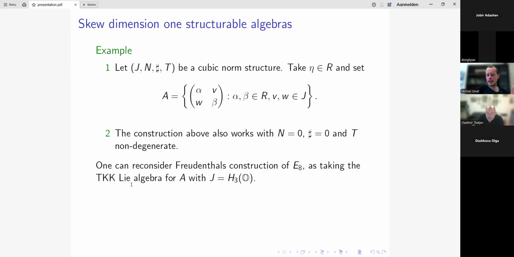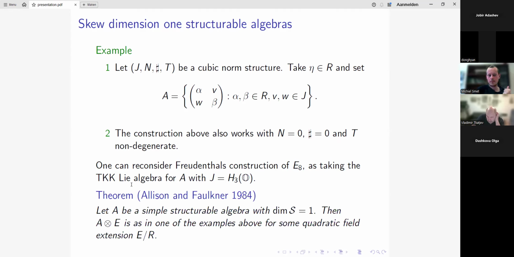Freudenthal's construction of E8 can be thought of as taking the TKK Lie algebra of A with J, an algebra we already know so well.